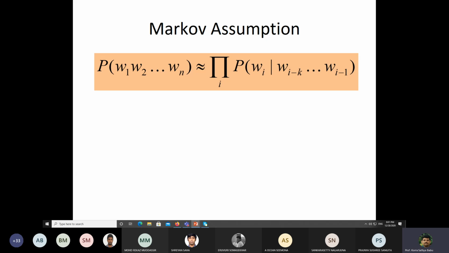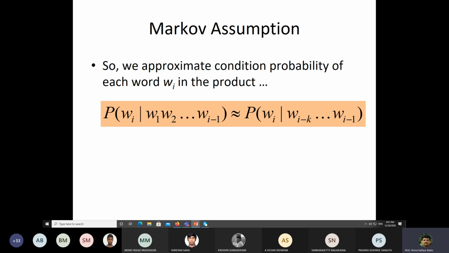You have to move on like that. Now we approximate the conditional probability of each word Wi in the product. That is what we are trying to do, right? We are trying to approximate the conditional probability of each word Wi in the product.